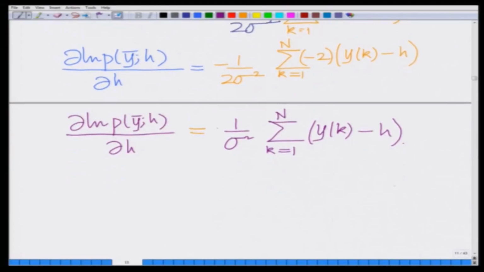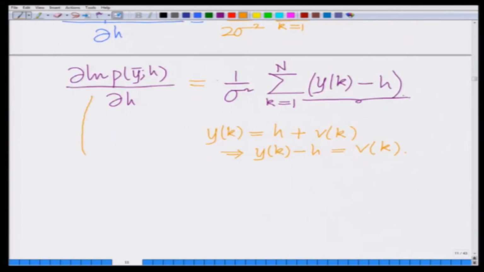Let me repeat that: y k equals h plus v k implies y k minus h is nothing but v k, which is the noise.